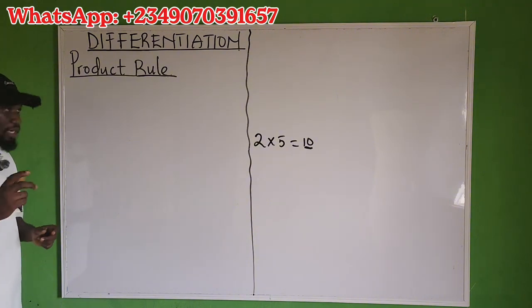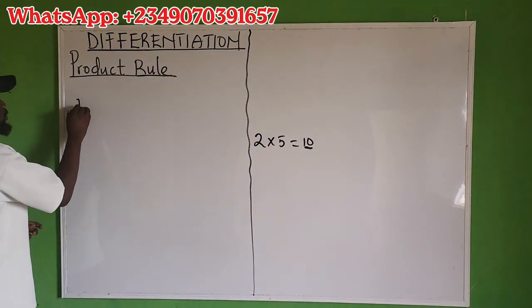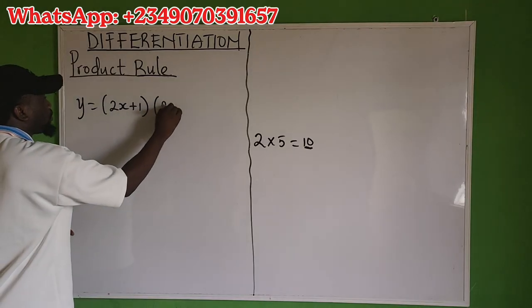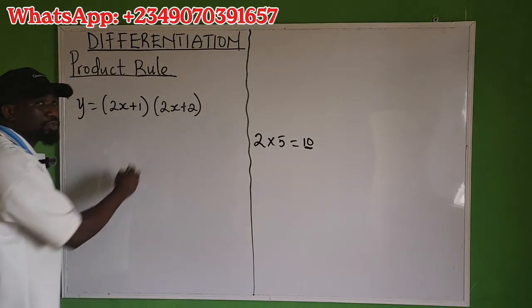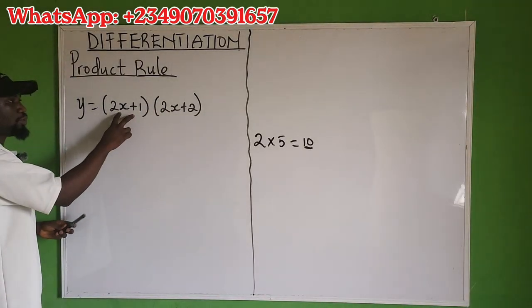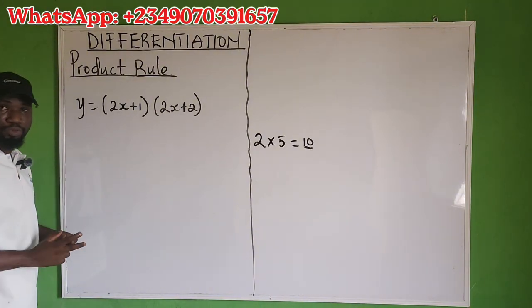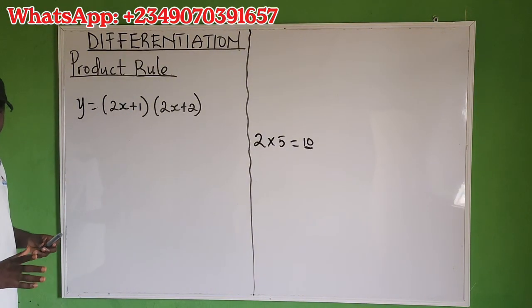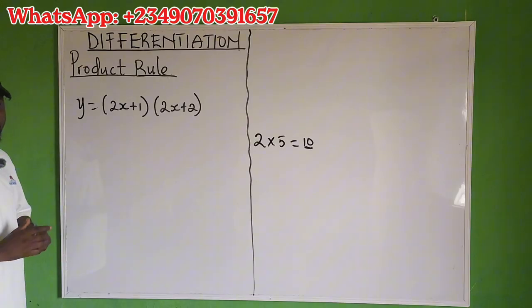Let's take for example, if you have that y is equal to 2x plus 1 multiplied by 2x plus 2. You can see that this means 2x plus 1 is multiplying with 2x plus 2. So in this case, you have to use the product rule method. The product rule has its formula.